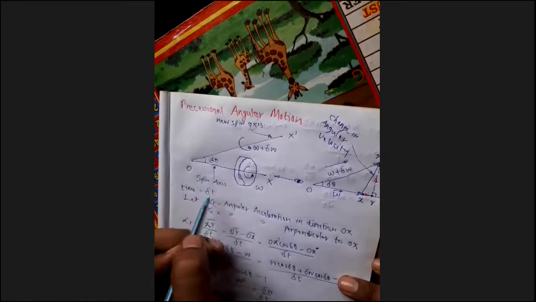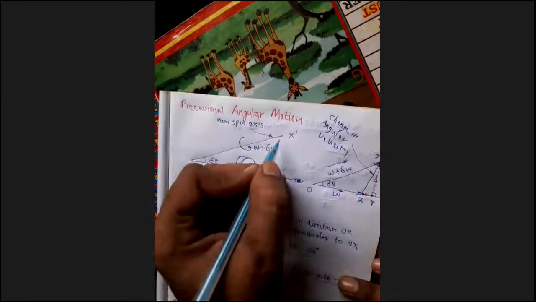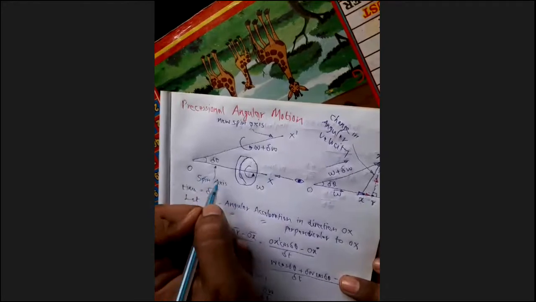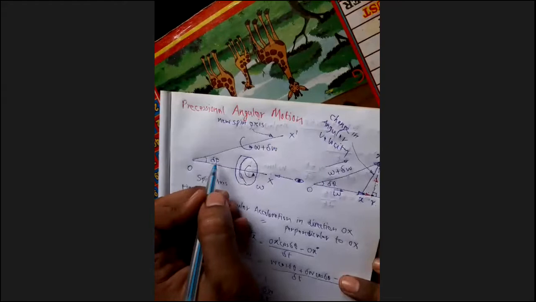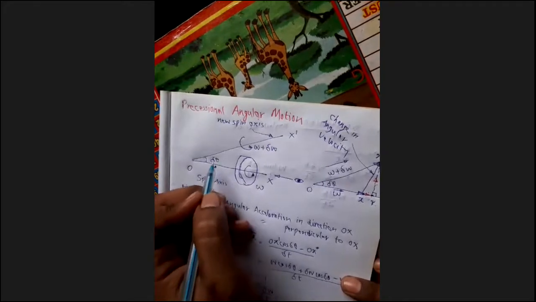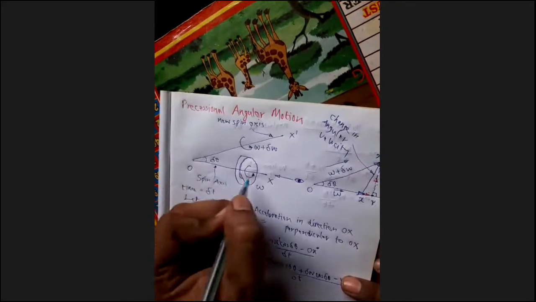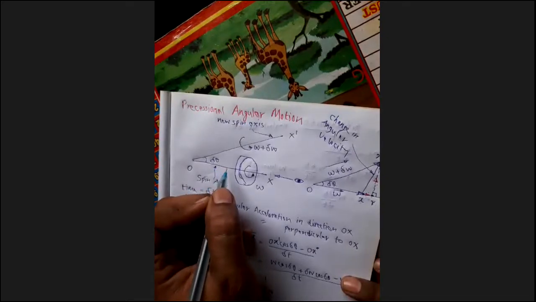Delta theta upon delta t is the angular velocity of the spin axis, the angular velocity with which the spin axis rotates. Do you understand? Because delta theta is the angular displacement of the spin axis.